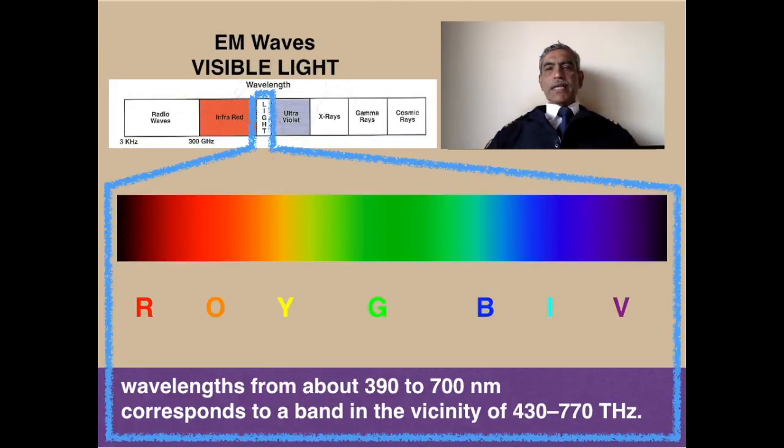Okay, let's move a little bit further to the right, and now the next band is the visible spectrum, that is the visible light spectrum. The wavelength is of the order of 390 to 700 nanometers, and it corresponds to a band in the vicinity of 430 terahertz. Now, we are all familiar with VIBGYOR, and we learnt how the rainbow colors are called VIBGYOR. As the frequency is increasing, it's actually in the opposite sense. That is, it starts with red and ends with violet.